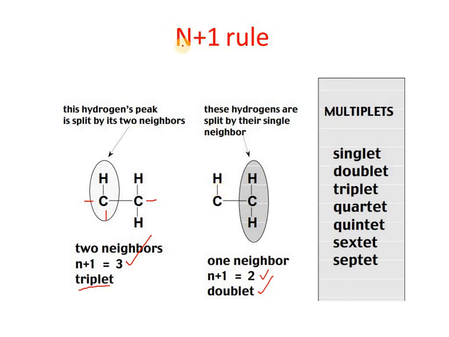So the n plus 1 rule explains how the multiplet arises. This gives a triplet, neighboring protons 2 plus 1 is 3, and this gives a doublet due to 1 hydrogen, 1 plus 1 is 2.